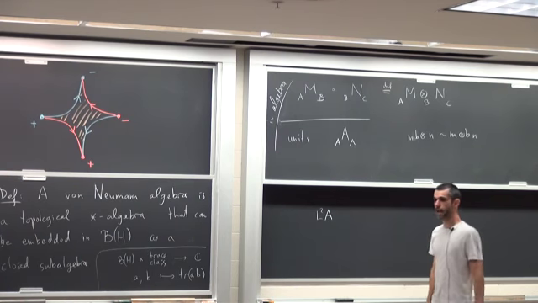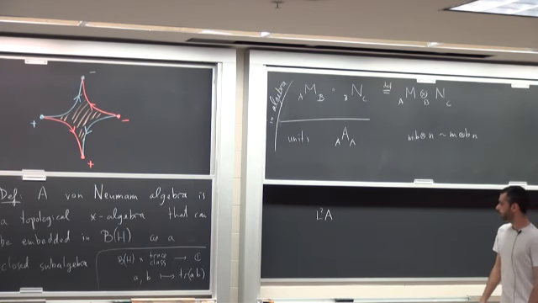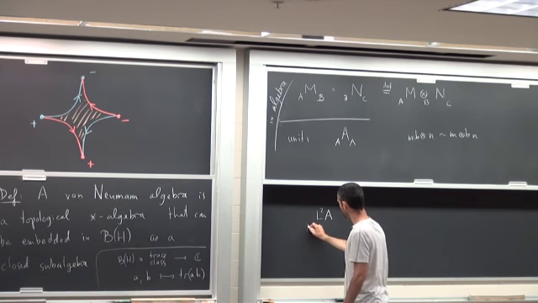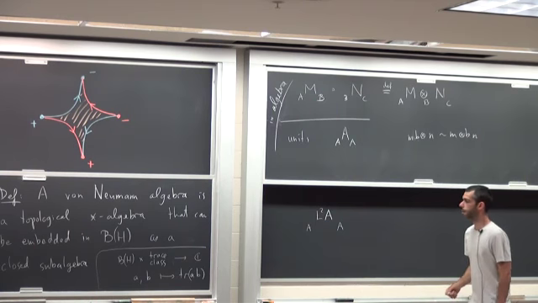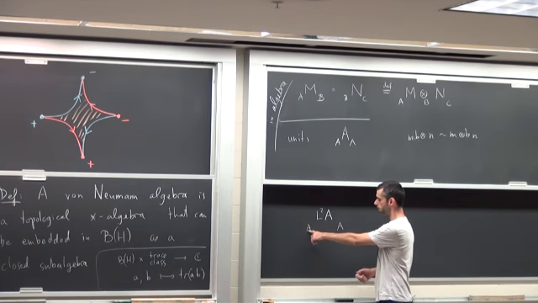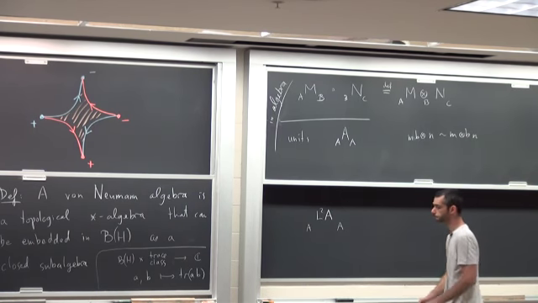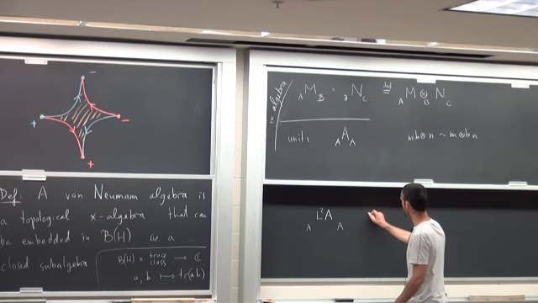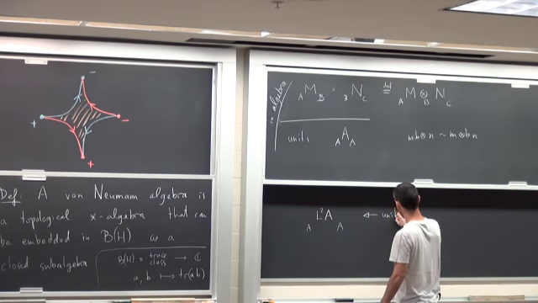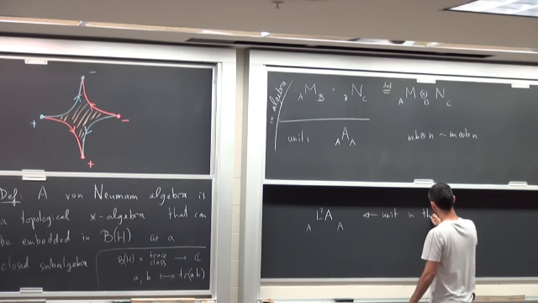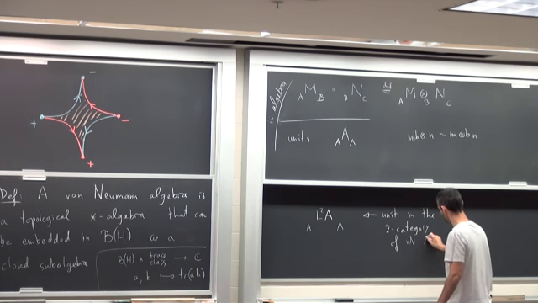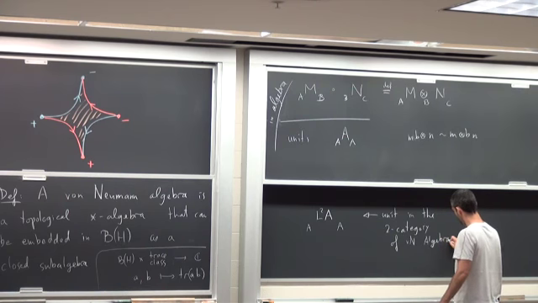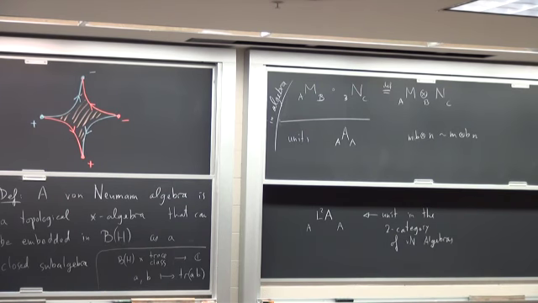It's called L2 of A. And this is a Hilbert space equipped with two actions of the von Neumann algebra A. And I'm indicating that there are actions by putting little a's left and right. And that is going to be the unit in the two category of von Neumann algebras.